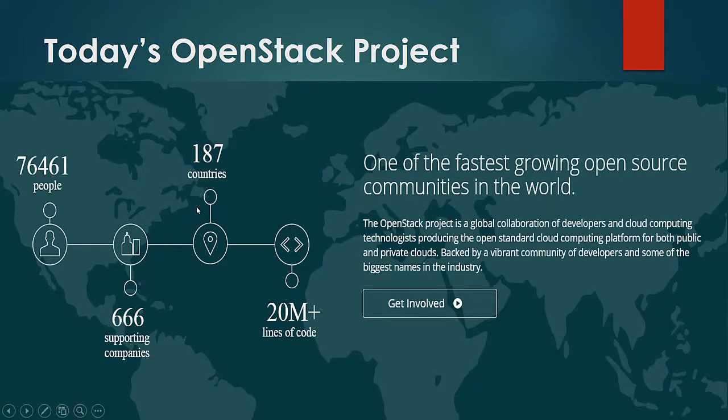You have 187 countries using and contributing to the OpenStack community, and 20 plus million lines of code. This is the fastest growing open source community in the world. And to be honest with you, by 2020 you have lots of job openings in this area.